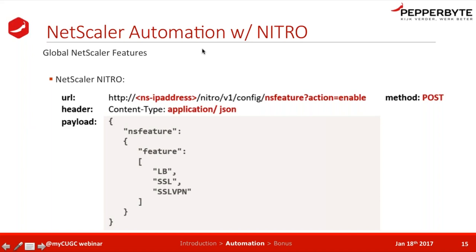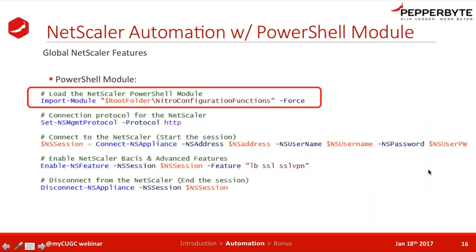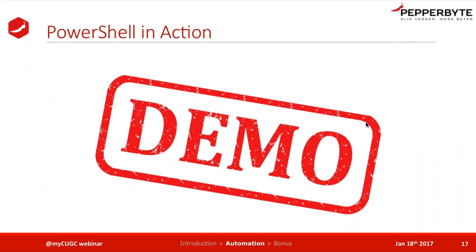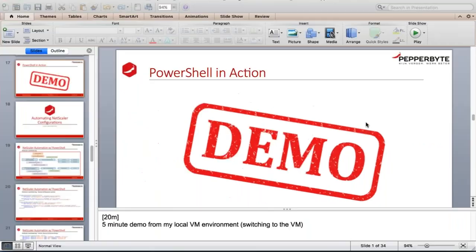And the good news is that this can easily be translated into a PowerShell script by simply using that NetScaler PowerShell module. I simply import the module, and then I can use the Enable-NSFeature commandlet that's provided by that module, which makes translating the previous information into a PowerShell script pretty easy. But to let you really see how easy it can be, I'm going to switch to my demo environment that I set up for this call.